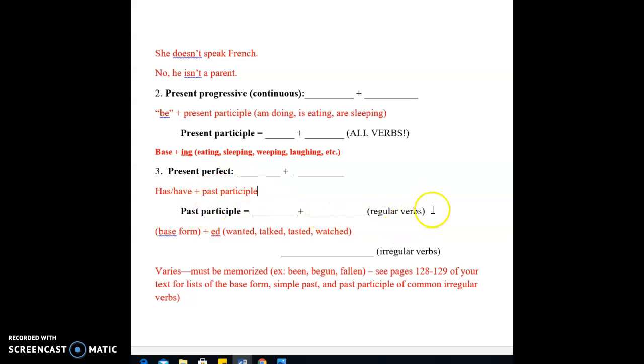And the past participle for regular verbs is basically the base form of the verb plus ed. He has wanted that car for a long time. She has talked to her mother. They have tasted the soup, etc. Now with irregular verbs, again, they must be memorized.